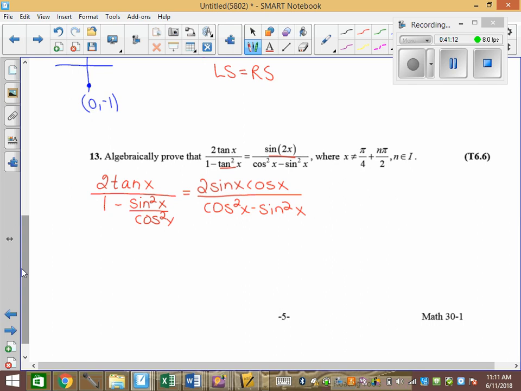I'm going to make common denominator. I'm going to get cos squared x over cos squared x. So I get 2 tan x, which we may need to change in a second, over cos squared x minus sine squared x over cos squared x. I have a crazy fraction in my denominator, so should I ever write it like this? Should write it how? Sideways.